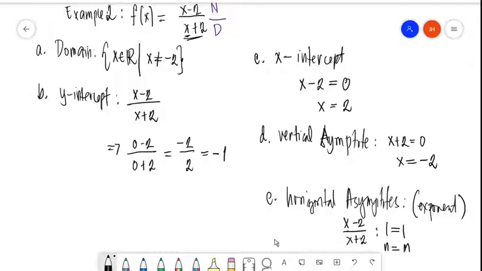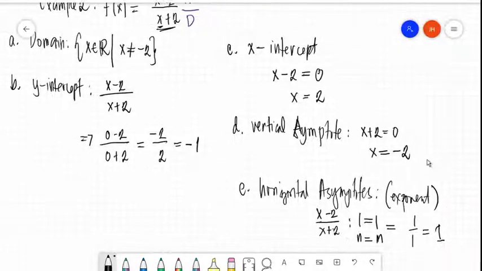Based on your page 18, if they are equal, then what happens to our horizontal asymptote? If they are equal, we are going to consider the numerical leading coefficients, which is 1 over 1, or equal to 1. So our horizontal asymptote is 1.